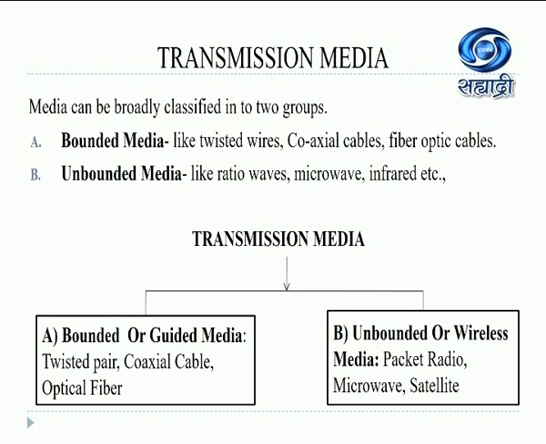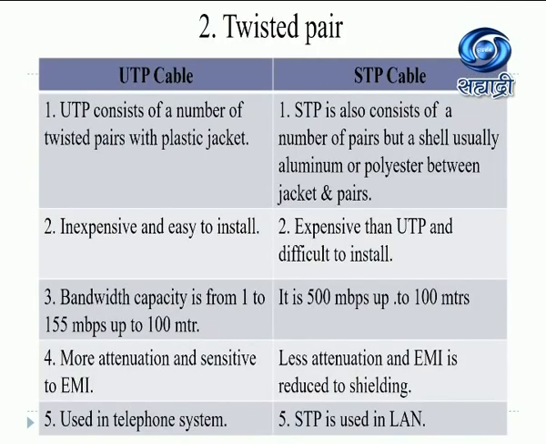In case of that, the important point to consider here is twisted pair. In twisted pair, we have two sub-cables. The first one is called the UTP cable and the second one is called the STP cable.